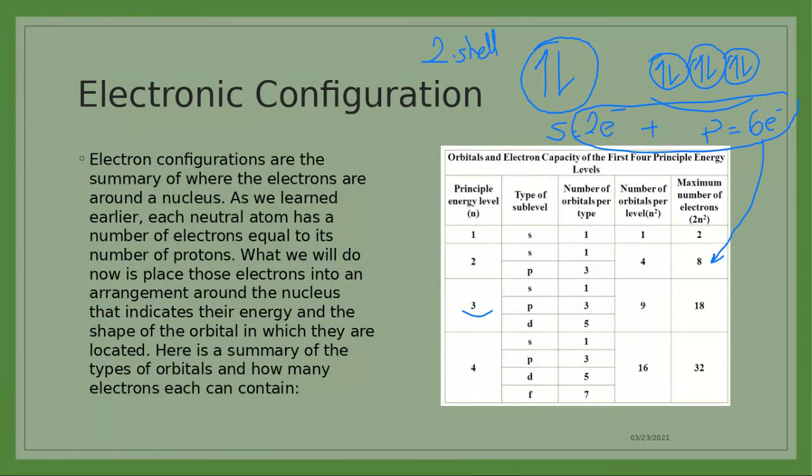The d orbital has 5 orbitals, and every orbital has a maximum of 2 electrons. This is 1, 2, 3, 4, 5, 6, 7, 8, 9, 10, and that means the d orbital has a maximum of 10 electrons. This is the 10, and this is the 8. That means the third shell has only 18 electrons.